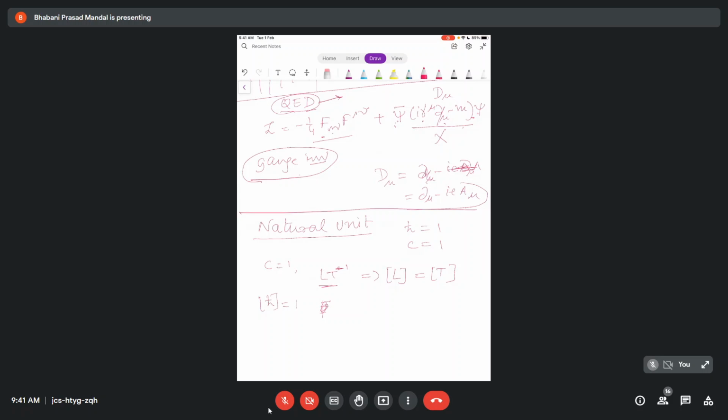Energy is force times length, so M L T^-2 into L. So energy into T is the dimension of Planck's constant, also of angular momentum: M L^2 T^-1. But now I have already L equal to T, so T is eliminated and it reduces to ML. And this dimension also has to be dimensionless, since h-bar is 1.